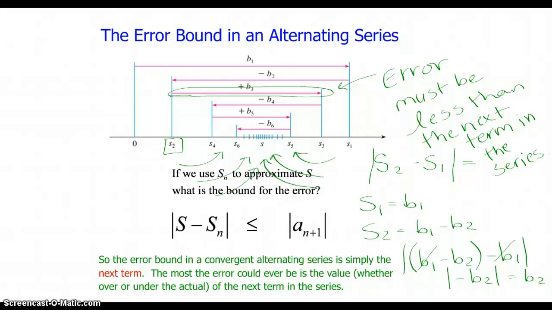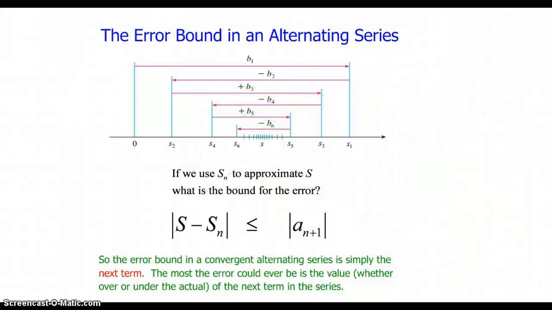The actual sum itself must lie within that interval. If you look at every one of these intervals, the actual sum itself does lie within that interval. That is the absolute max that the error can be. So that's what this means.